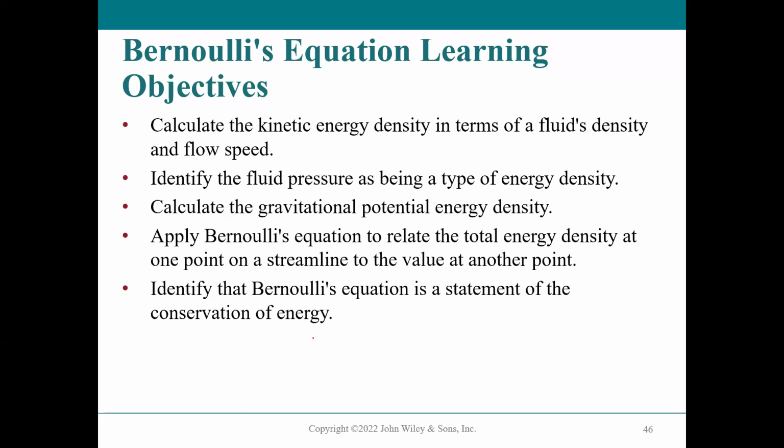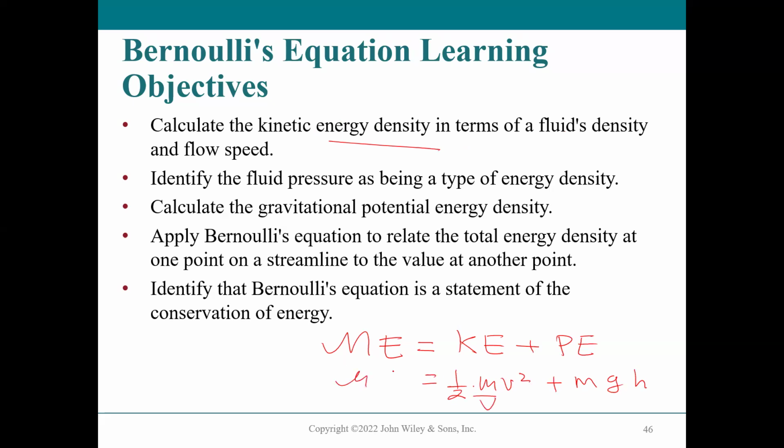Okay, basically the mechanical energy, ME, is the total of kinetic energy plus potential energy, right? Remember that kinetic energy is half m v squared, plus mgh. But this one is the energy density, so we divide by volume. So this is mechanical energy divided by volume. Then we can add another term here as a pressure.